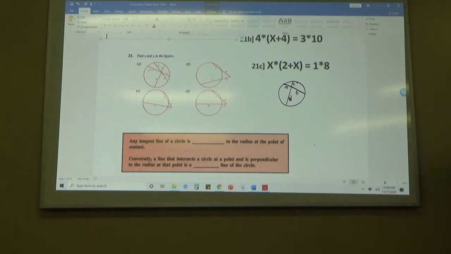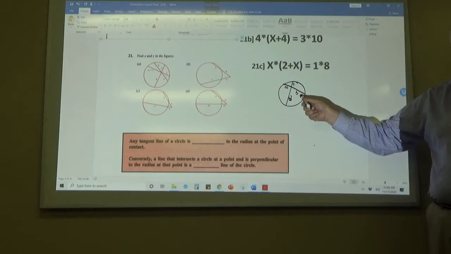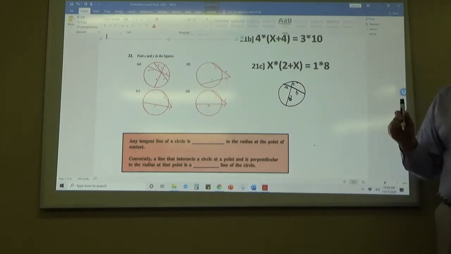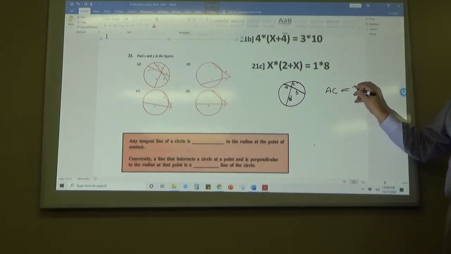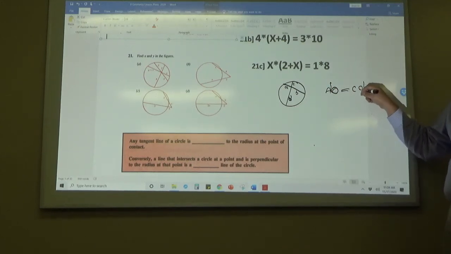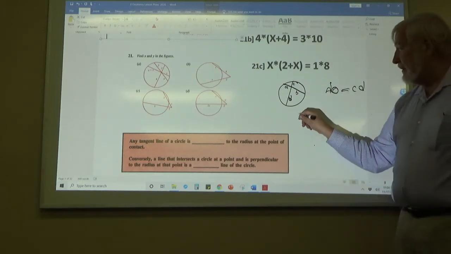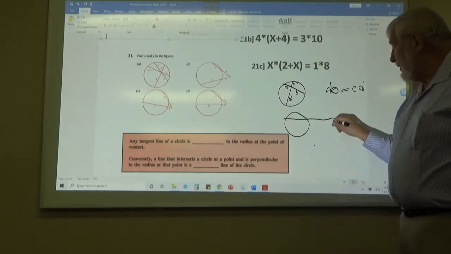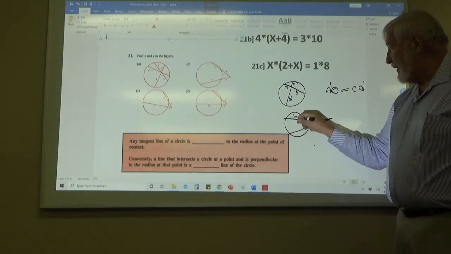The product of the chords, A times B equals C times D. So AB equals CD. If it's inside.